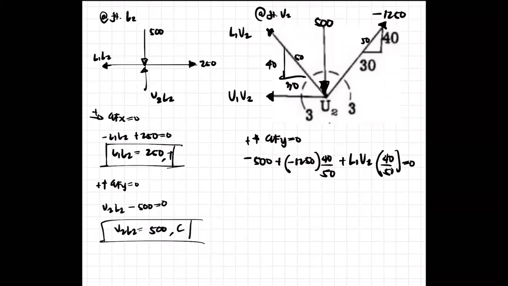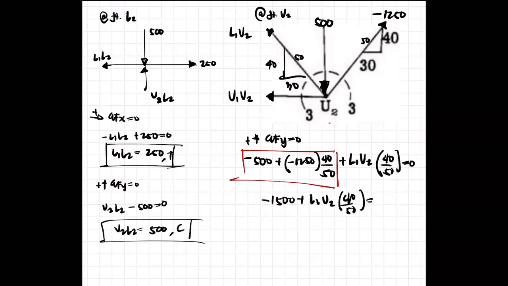So, pwede natin itong pagsamahin, no? Using your calculator, that is negative 500 plus negative 1 to 50 times 40 over 50. That is negative 1.5. Okay, negative 1.5 plus L1 U sub 2, 40 over 50 is equal to 0.